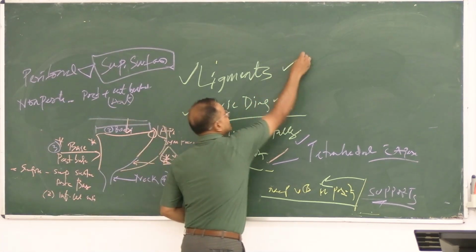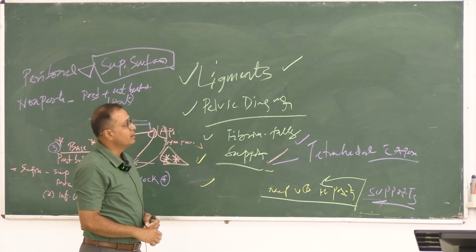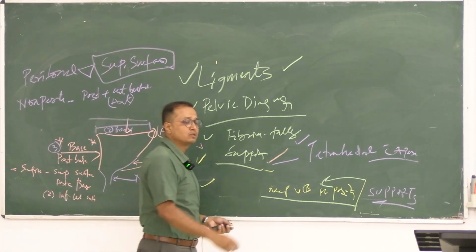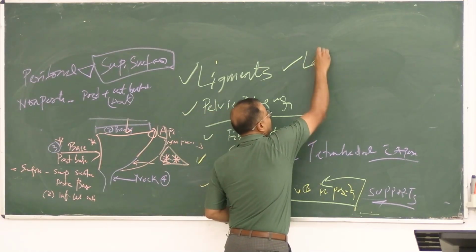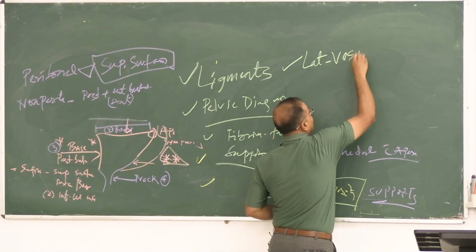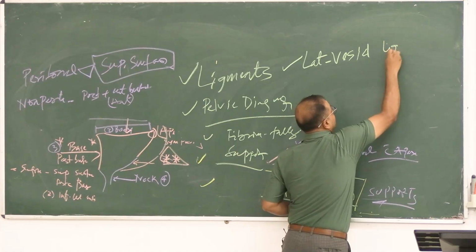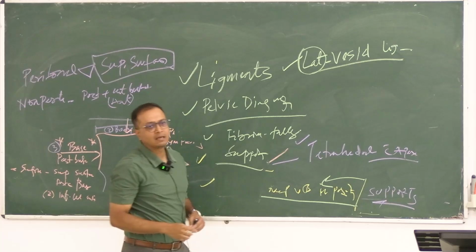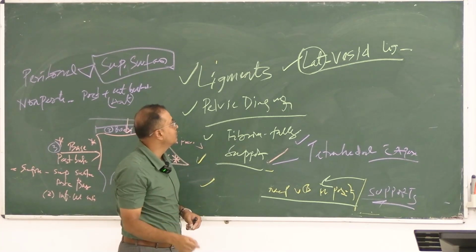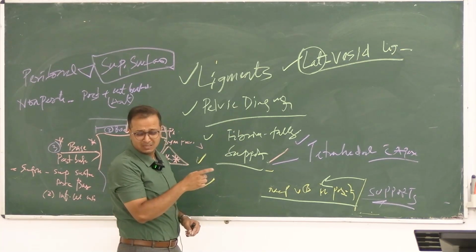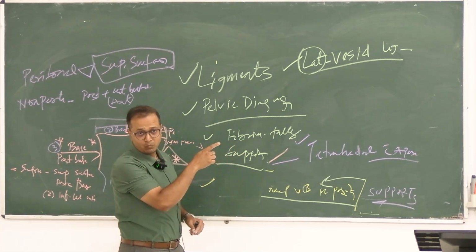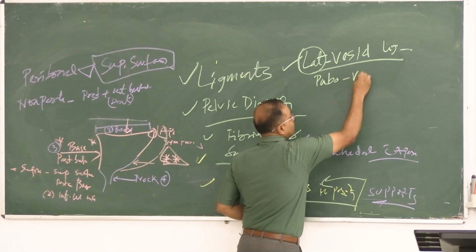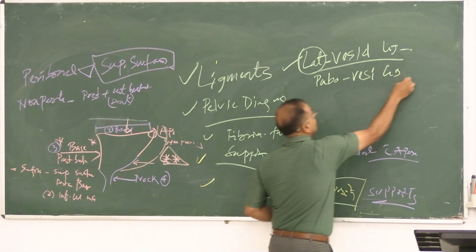Coming to the ligaments, there are a few of importance. A ligament coming from the sides of the urinary bladder to the lateral walls of the pelvis we call the lateral vesical ligament. They are present on the sides, which is why they are called lateral vesical ligaments; there are right and left ones. Then we have a ligament on the front side, from the pubis bone to the bladder, which we call the pubovesical ligament.